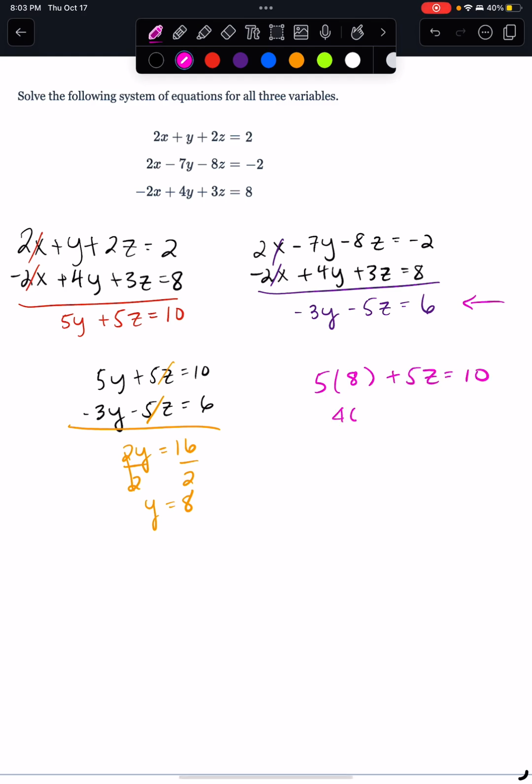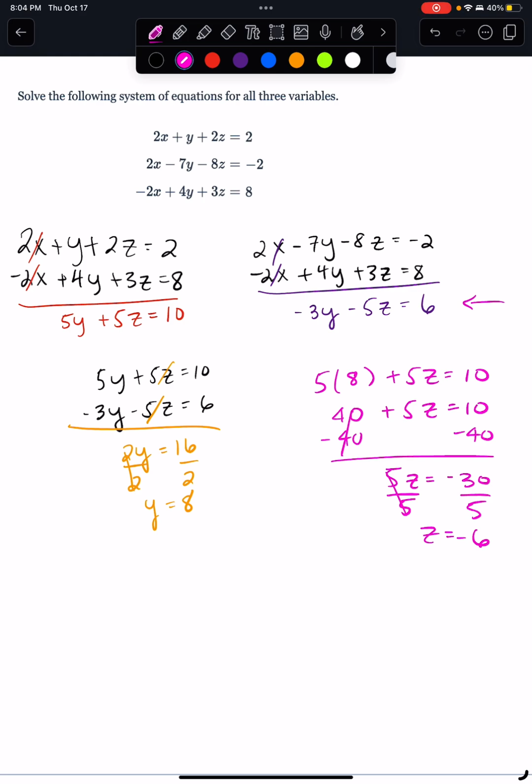And 5 times 8 is 40 plus 5z is equal to 10. We can subtract 40 from both sides, and we'll be left with 5z is equal to negative 30. And if we divide by 5 on both sides, we'll get that z is equal to negative 6.